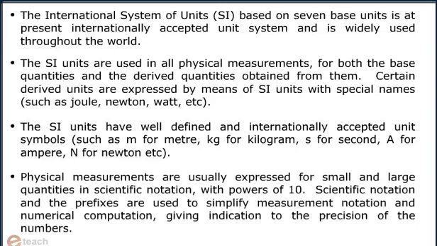Physical measurements are usually expressed for small and large quantities in scientific notation with powers of 10. Scientific notation and the prefixes are used to simplify measurement notation and numerical computation, giving indication to the precision of the numbers.